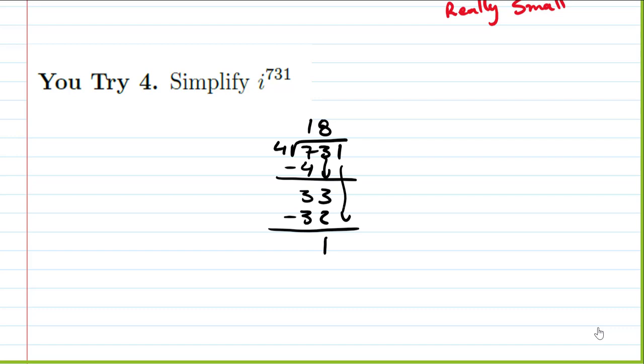Bring down our 1. 4 goes into 11 twice, gives us 8. Gives us a remainder of 3. So i to the 731 is equal to i to the third, which is still negative i. All right. So that would be how we would resolve some powers of i.